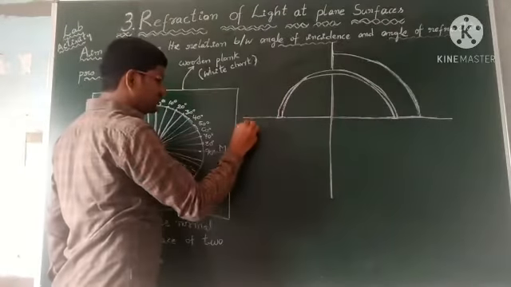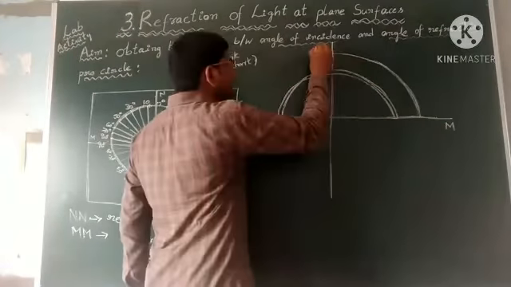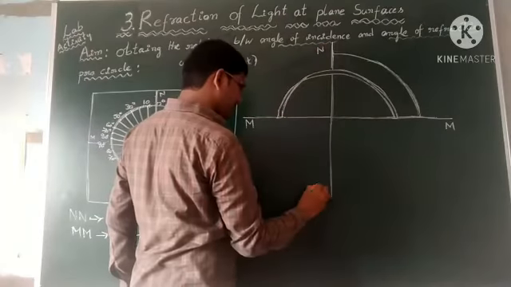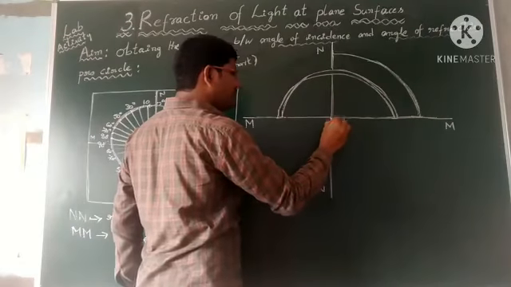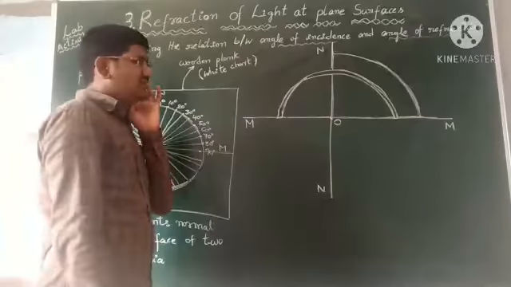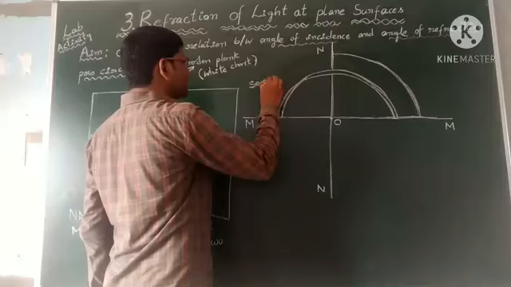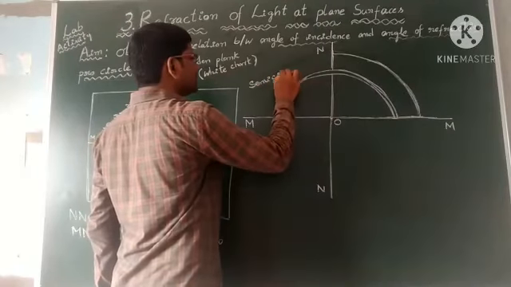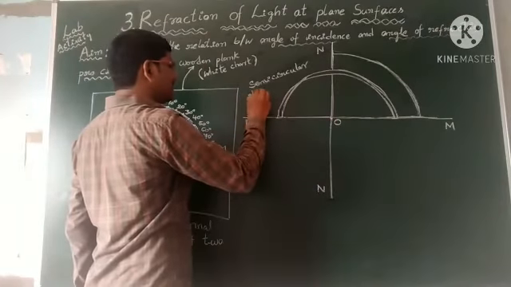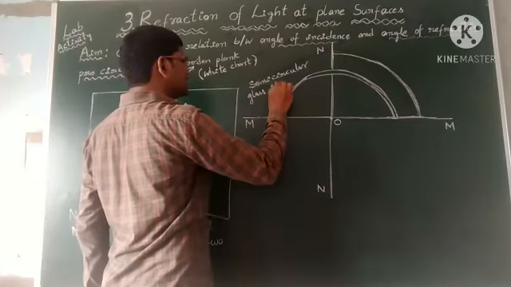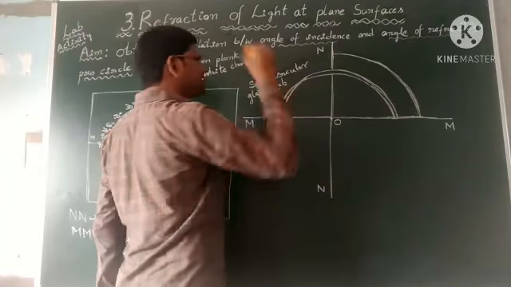So this is our interface line MM, and this is our normal NN, and this is the intersecting point O. And this is the semicircular glass slab.